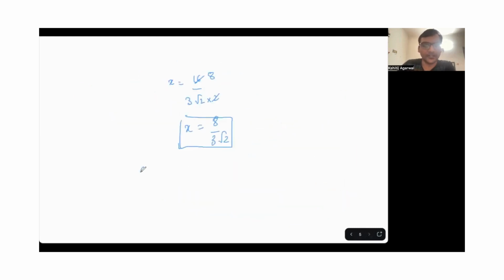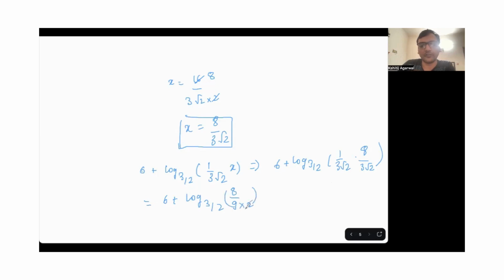So that will become 6 plus log of 3 by 2 into 1 upon 3 root 2 into x, which is 6 plus log of 3 by 2, 1 upon 3 root 2 into 8 upon 3 root 2, which is 6 plus log of 3 by 2, 8 upon 9 into 2. This will cut 4 times, and 6 plus log of 3 by 2 base 4 upon 9.